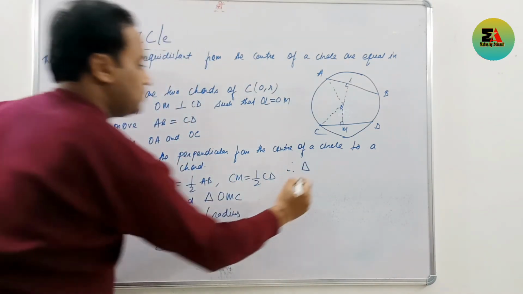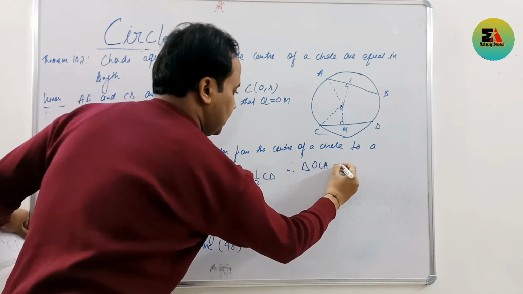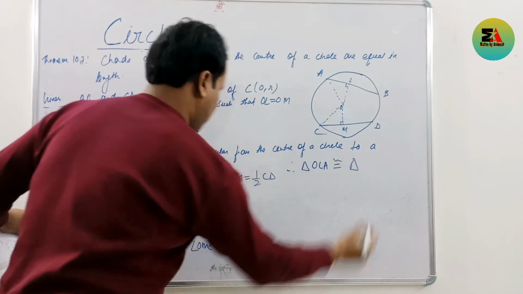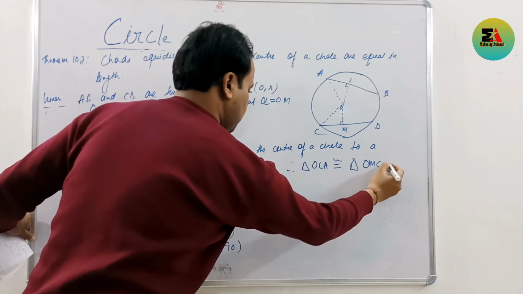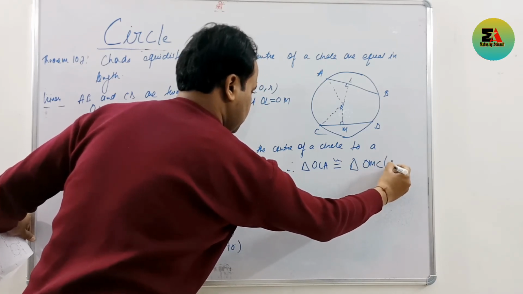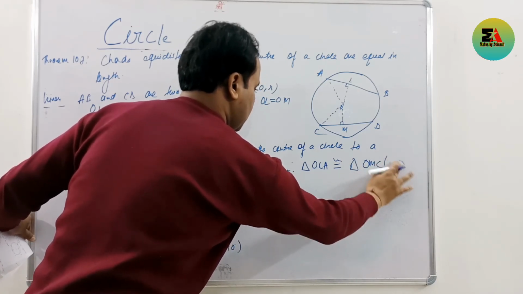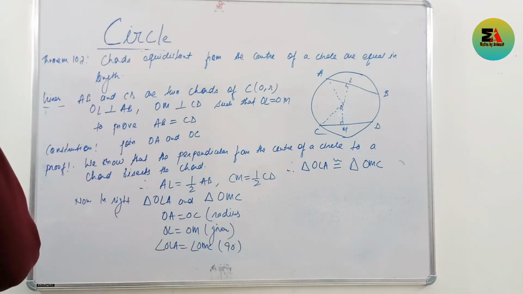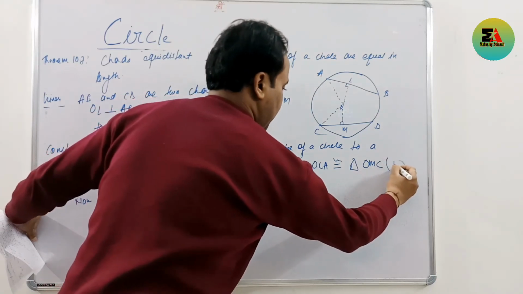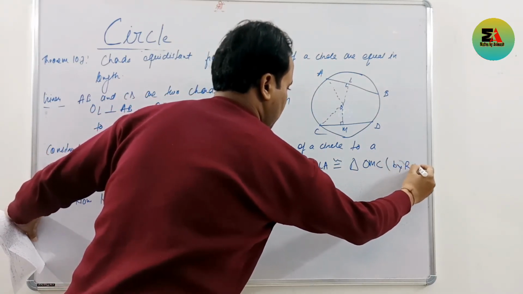Therefore, triangle OLA is congruent to triangle OMC by RHS congruency.